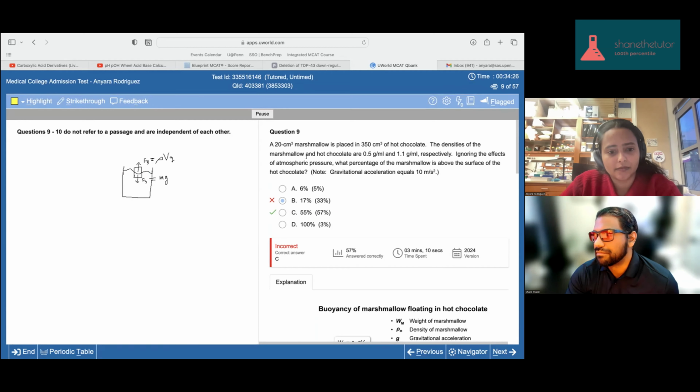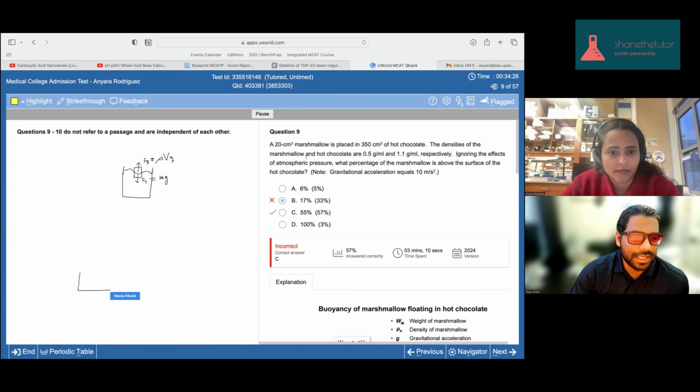So that density value is going to be the density of the fluid, and the volume here is the volume of the fluid as well. It's the volume of what's displaced.